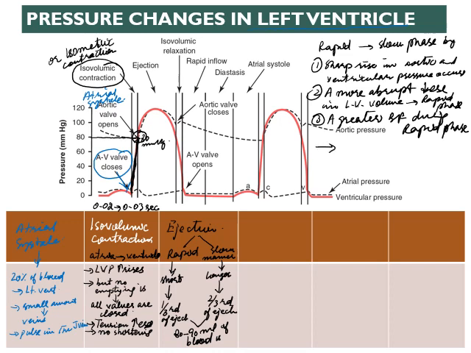During 1/3 of ejection, that is a rapid ejection, ventricular pressure exceeds pressure in the aorta.